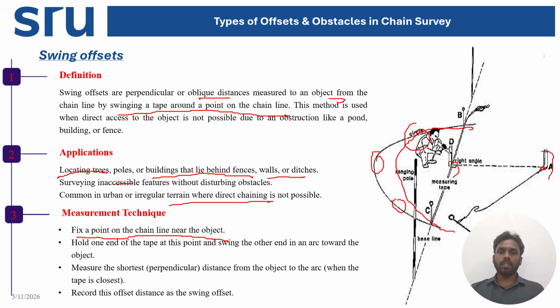Then you have to hold one end of the tape and swing the other end towards the object. So from this point you are swinging like this. So it gives a point which is located on your survey line, right? So the object can be easily marked with this, and it records this offset as a swing offset. So this kind of offset measuring is called a swing offset.